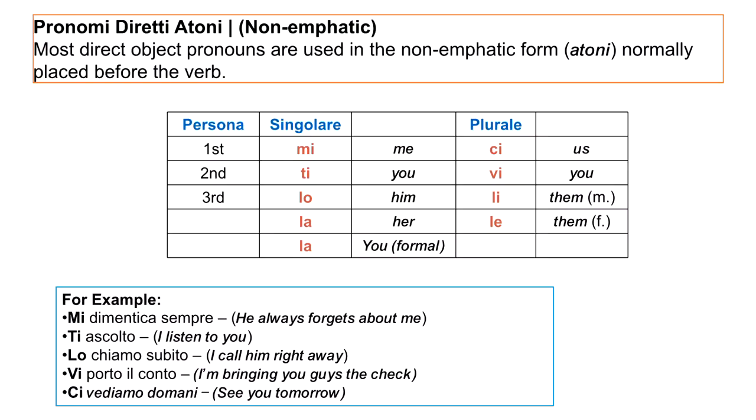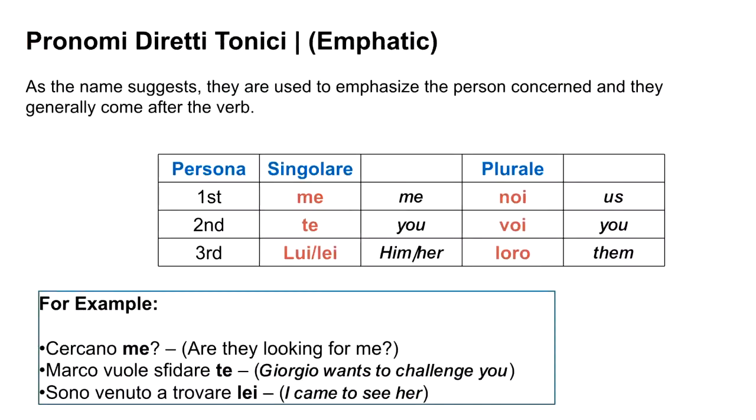Then I would have to use a different pronoun. I would have to say, dimentica sempre me. Okay? I would have to use the emphatic. Remember? Me. That's what happens when you put it at the end of the sentence.